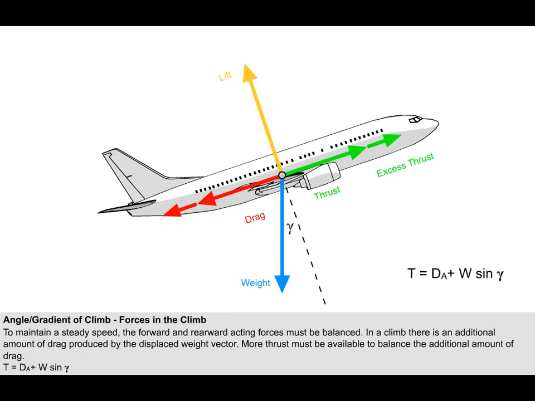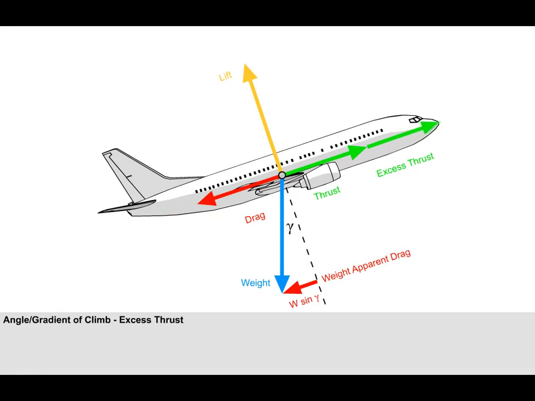To maintain a steady climb with no loss of speed, thrust must balance not only the aerodynamic drag, but also the weight apparent drag. The larger the excess thrust available, the greater weight apparent drag that can be balanced.